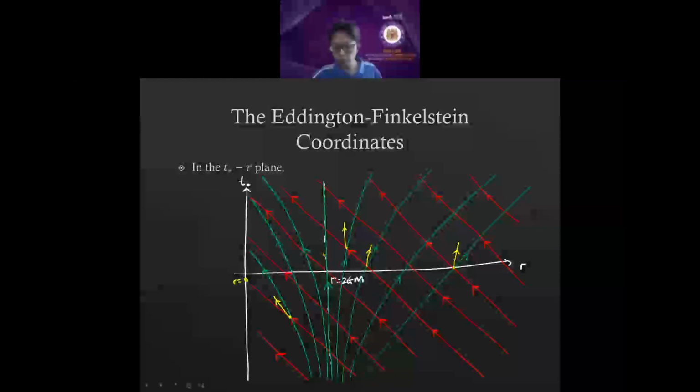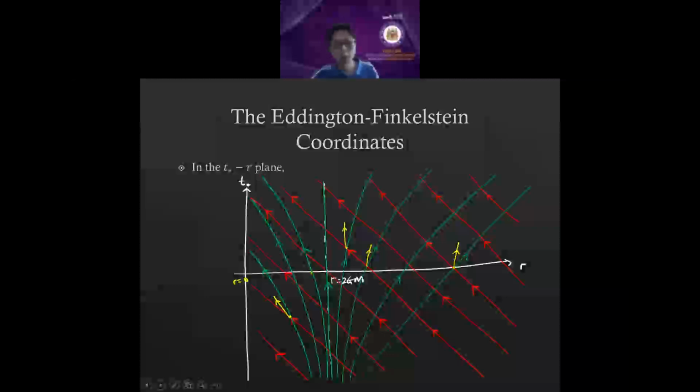Just as the origin in the plane polar coordinates is a coordinate singular point, in the sense that at that r equals 0, we cannot determine what its theta is.